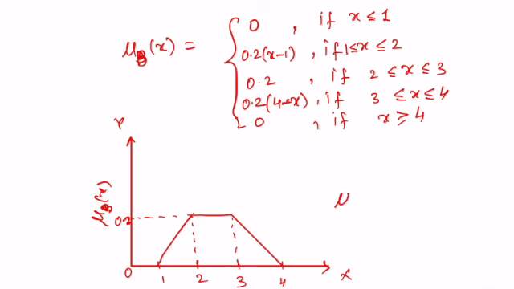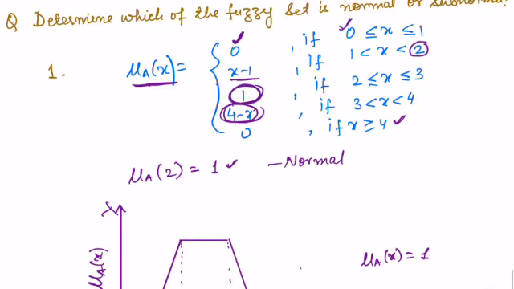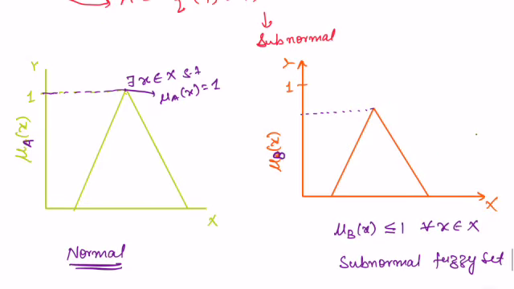We can see here also that the membership grade mu b of x always takes a value less than 1 for every x belonging to X. So here we have to remove this equal to.